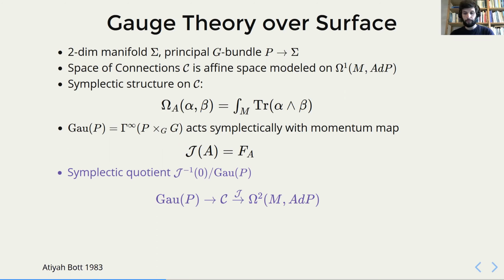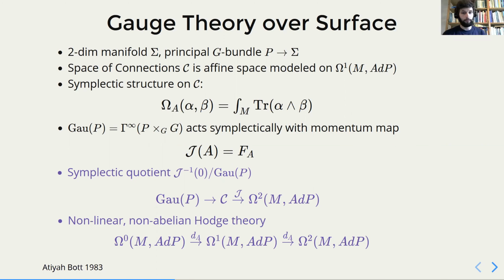And this complex, if you linearize it, you get the Lie algebra of the gauge transformations, which are just the sections of the adjoint bundle, and then the linearization of the space of connections is given by the one forms with values in the adjoint bundle, and of course the linearization of two forms stays the same.